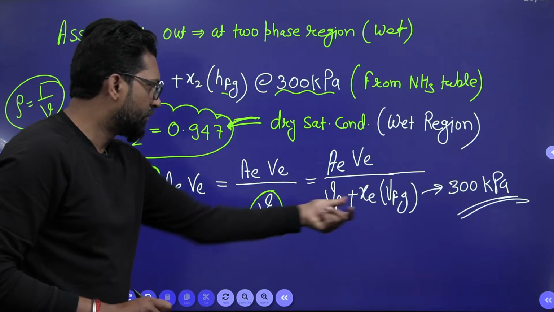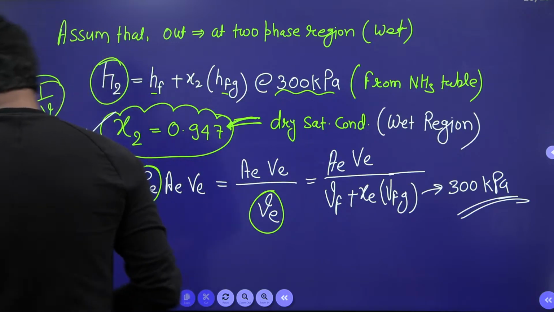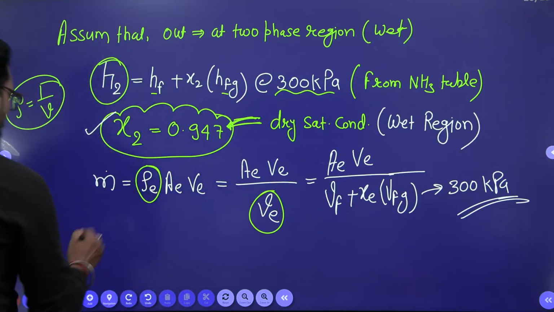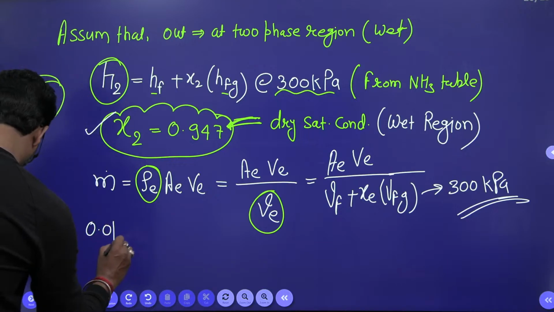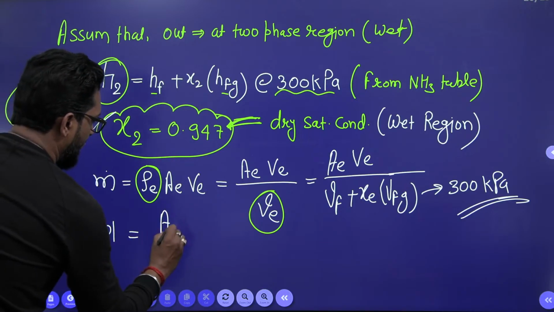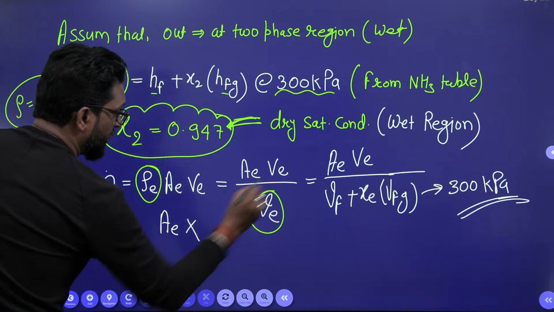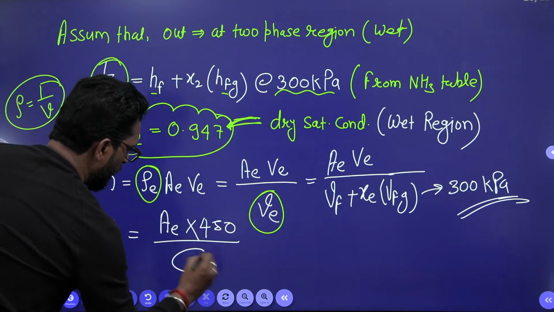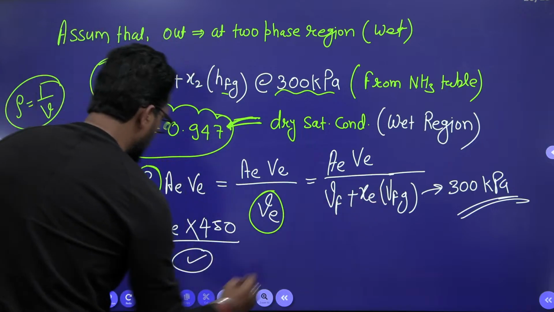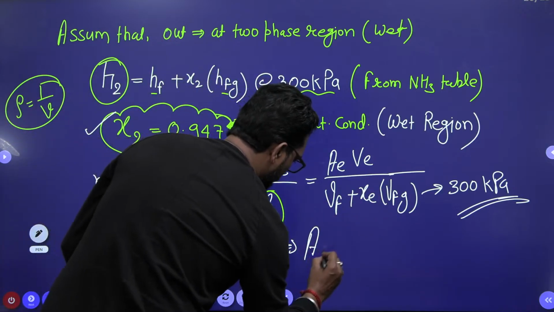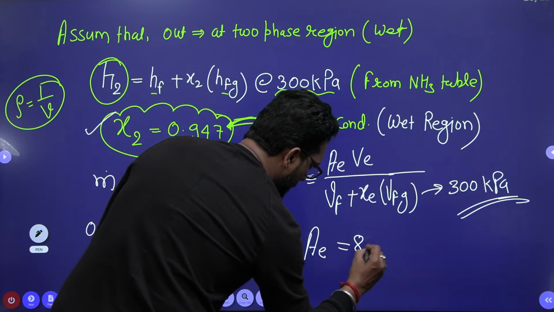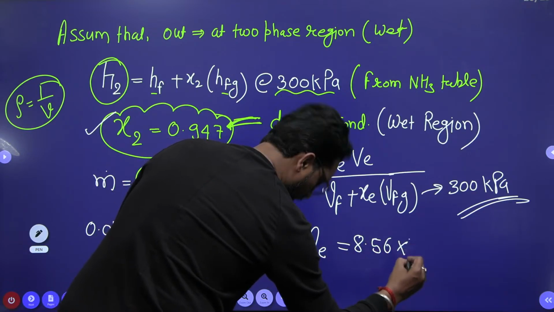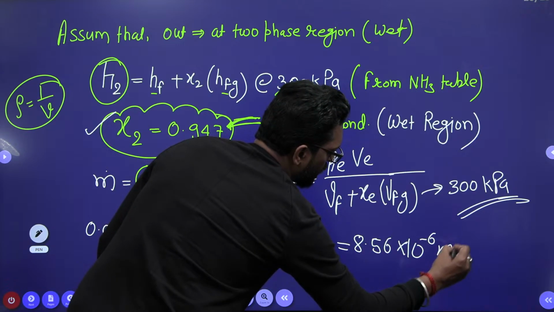You know this one, and you know the mass flow rate, 0.01. Area exit, velocity is 450 at exit, divided by this value. Calculate this one. From here you can easily calculate the exit area, and the exit area is 8.56 times 10 to the power minus 6 meter square. Thank you.